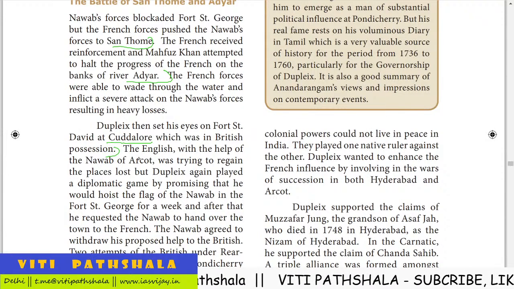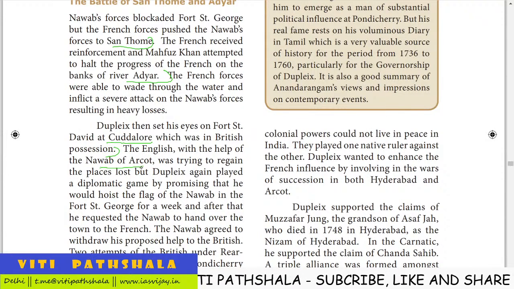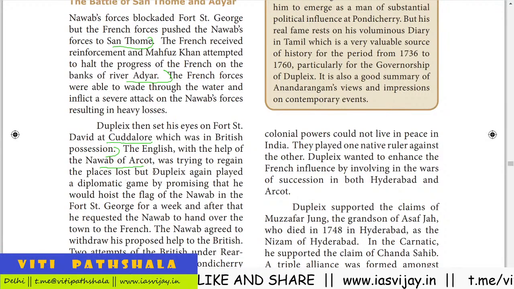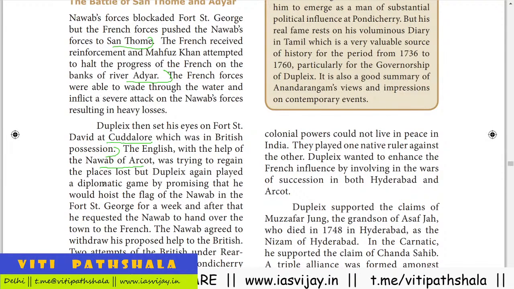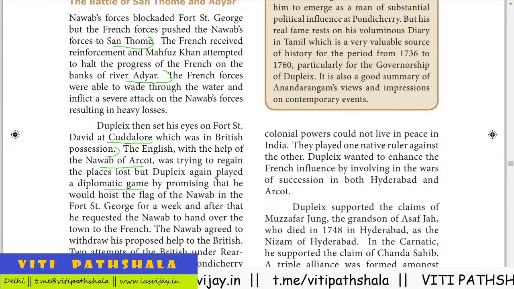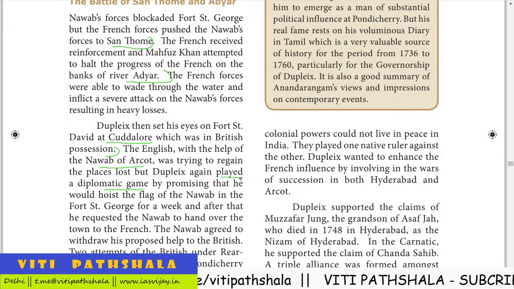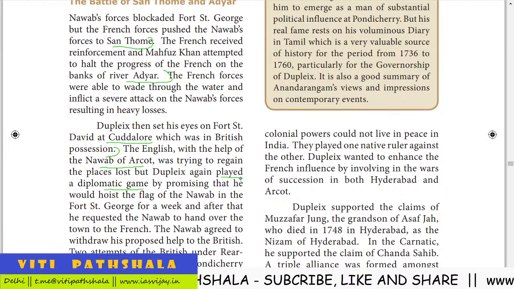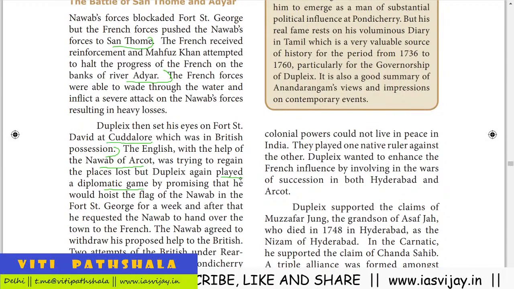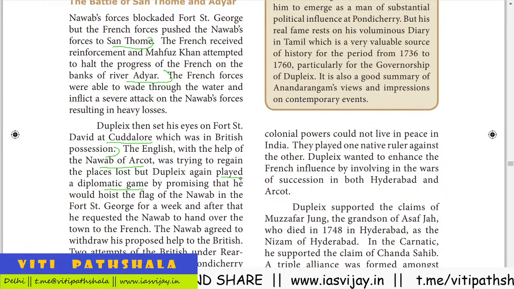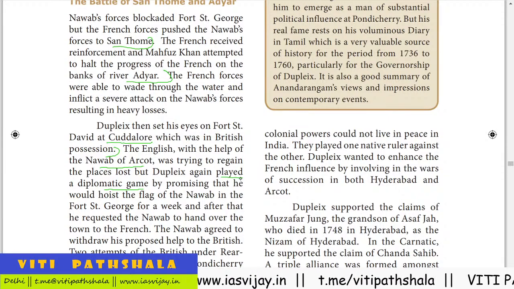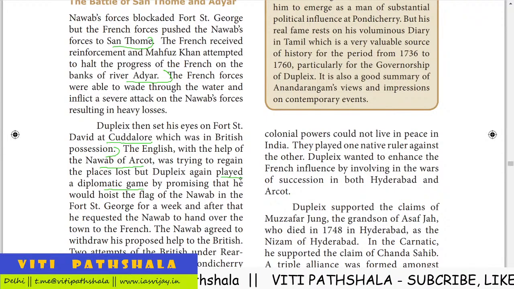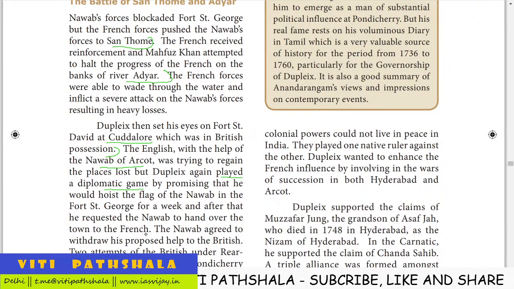The English, with the help of the Nawab of Arcot, were trying to regain the places lost, but Dupleix again played the diplomatic game by promising that he would hoist the flag of the Nawab in Fort St. George for a week, and after that he requested the Nawab to hand over the town to the French.